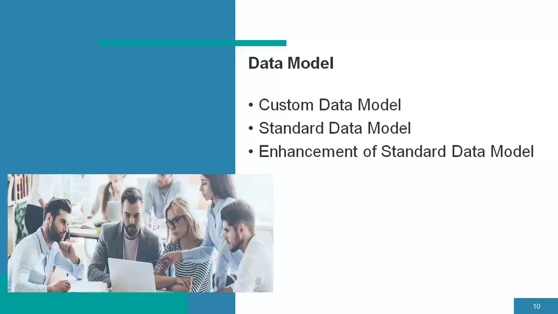So in this chapter, we are going to talk about the custom data model, where we will prepare the custom data model. All configurations I will do live in front of you. Then we will talk about the standard data model and enhancement of the standard data model. Okay, so these are the things which we are going to cover with hands-on.